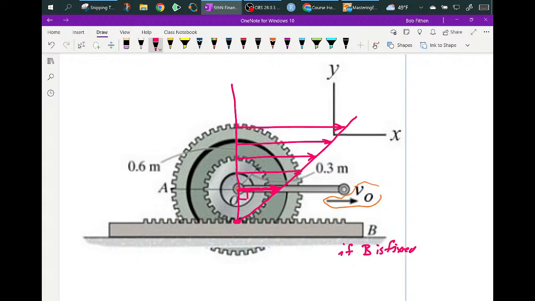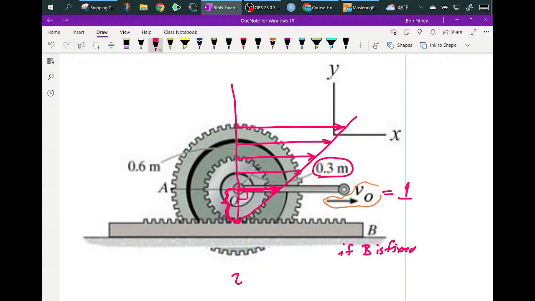He gives us the distance from this point to that point. So let's say he just happened to give us this being 1.